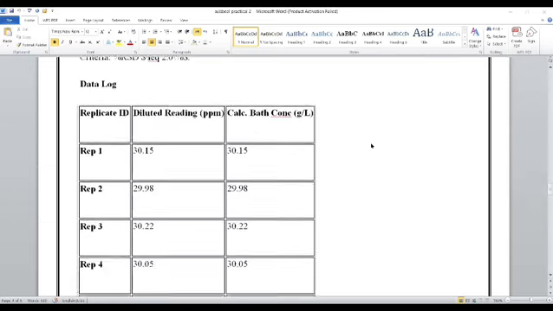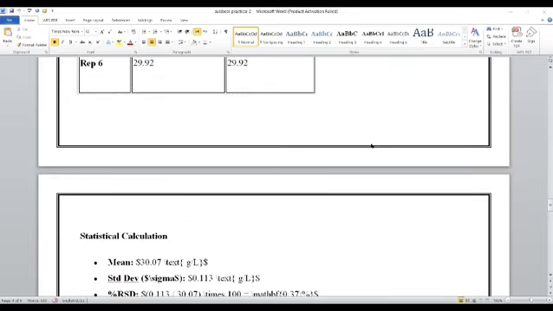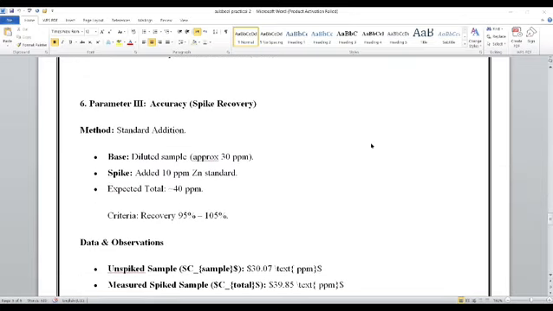Parameter number 3, accuracy, spike recovery. Accuracy shows how close the measured value is to the true value. Method uses standard addition, that is spike recovery. Data: unspiked sample is equal to 30.07 ppm, spike carried is equal to 10.00 ppm, and measured total is equal to 39.85 ppm.